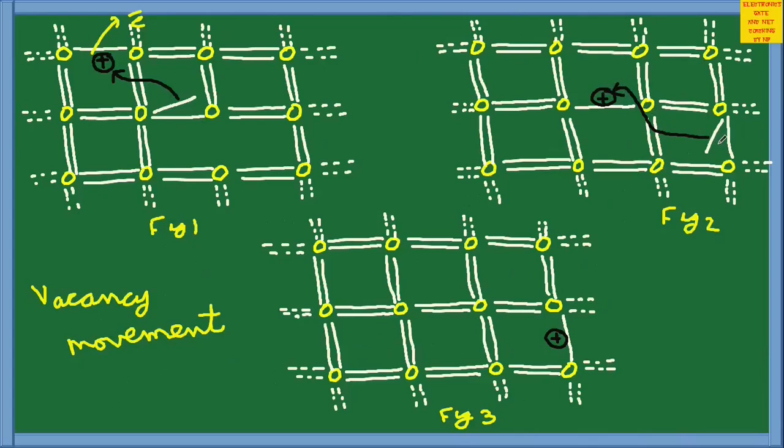And this vacancy created due to the movement of bonded electron is called a hole. So, here comes the concept of hole. Always keep this in mind that holes are created due to the movement of bonded electrons.